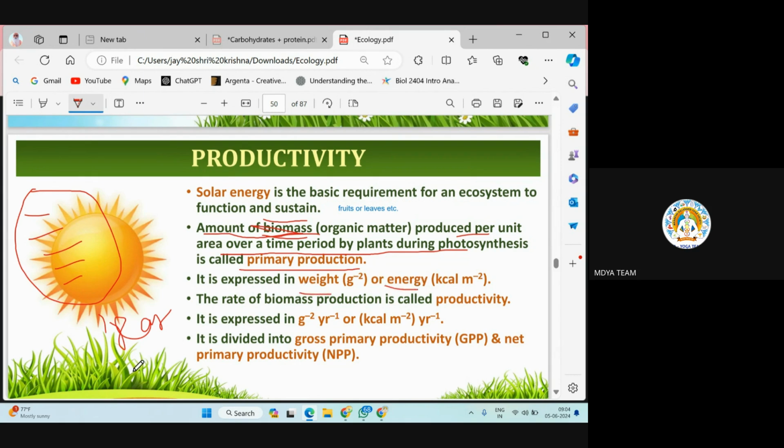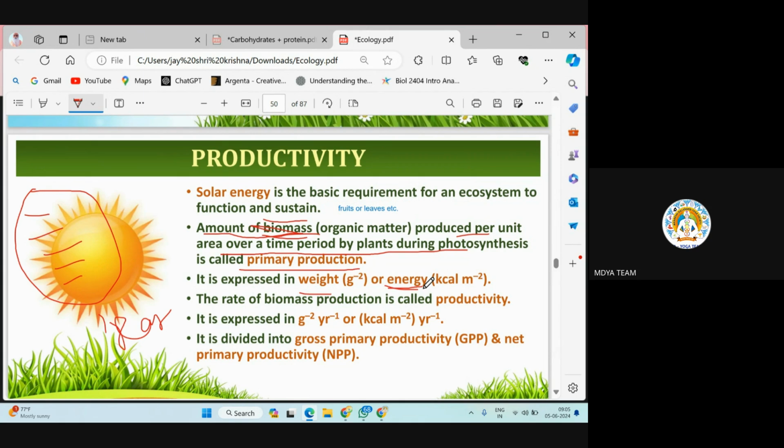Either we will say that the plants are producing a total biomass of around 1000 kg, meaning all the trees are producing 1000 kg of fruits, leaves, stem, everything. Or we can also express it in energy, like plants are producing this much energy. So these are the two ways of expressing this.